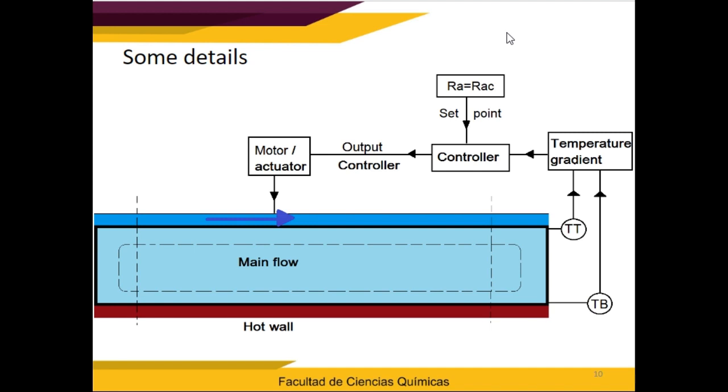A controller takes this information and makes a decision. If these two Rayleigh numbers are not the same, then the top wall should be set in motion, so that the fluid motion may stabilize the fluid layer, as we previously know from the role played by the Reynolds number.